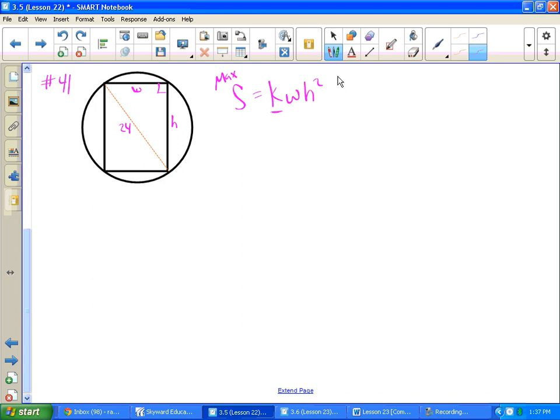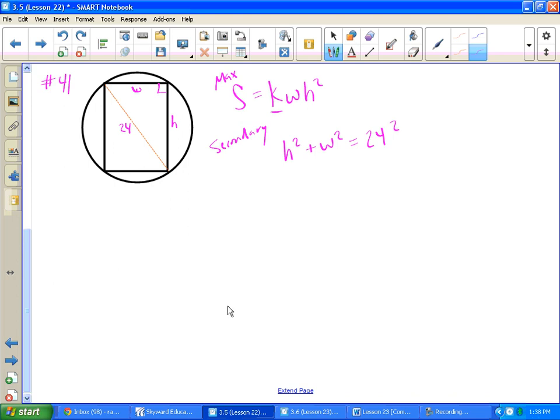So the other part they give us, they say it's a round log of diameter 24 inches. So this would be the 24 here. So what can I do with my w, h, and 24 in order to come up with my secondary equation? Yeah, Pythagorean. So my secondary equation is h squared plus w squared equals 24 squared.